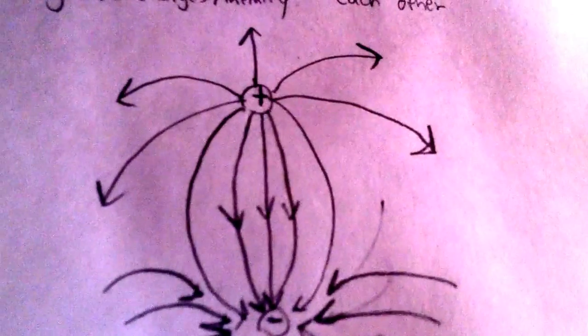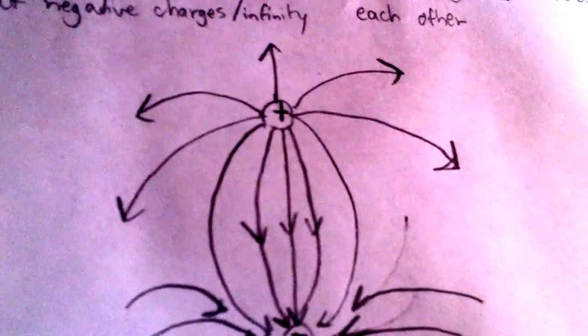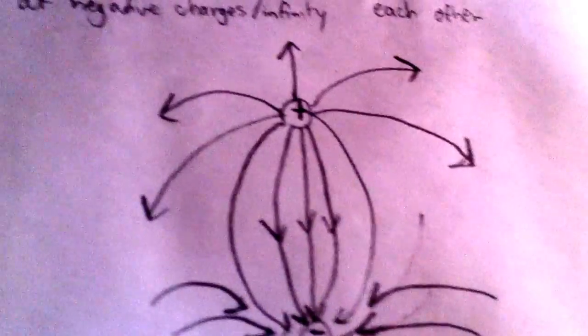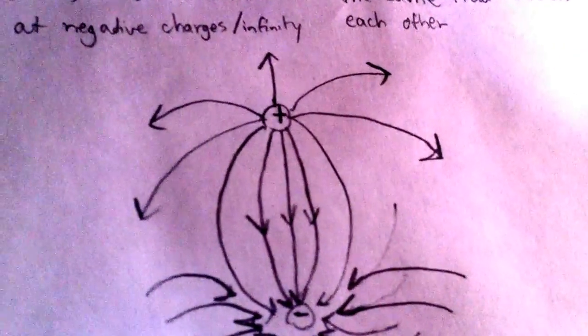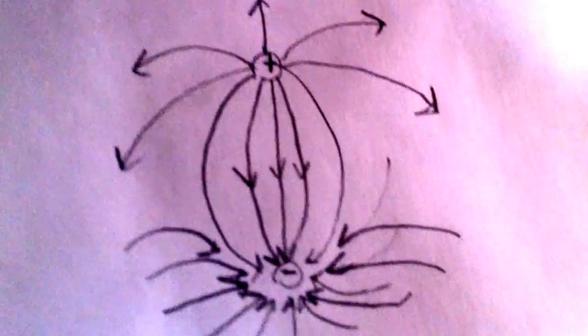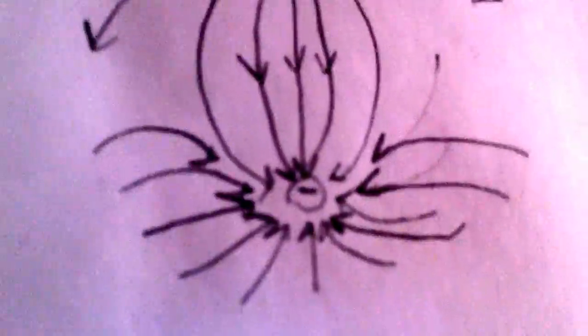And lastly, we have this. If you look here, you can see how obviously the lines are coming out of the positive charge and ending at the negative, but the amount of lines coming out of the positive charge is significantly less than the amount of lines terminating at the negative charge.